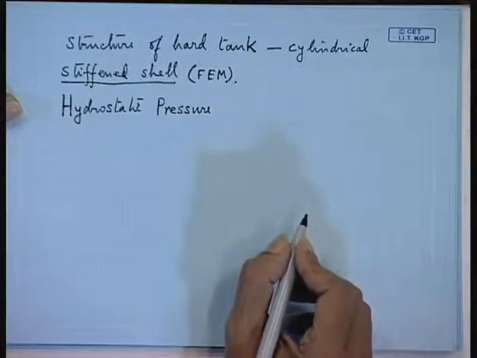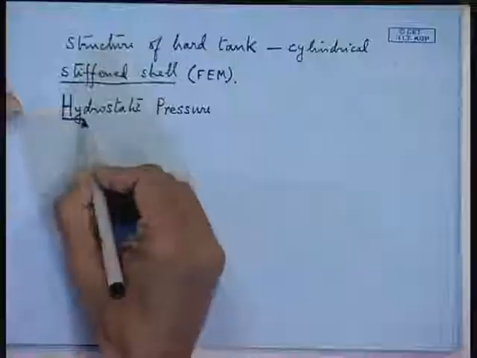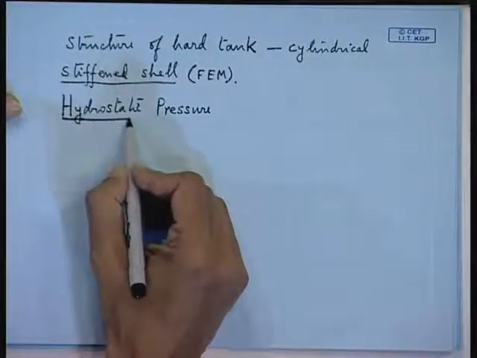Now, in this type of offshore structure, if you have void spaces, sometimes it happens in concrete gravity columns also, any void space will tend to buckle your shell because of hydrostatic pressure. So, hydrostatic pressure has to be countered.